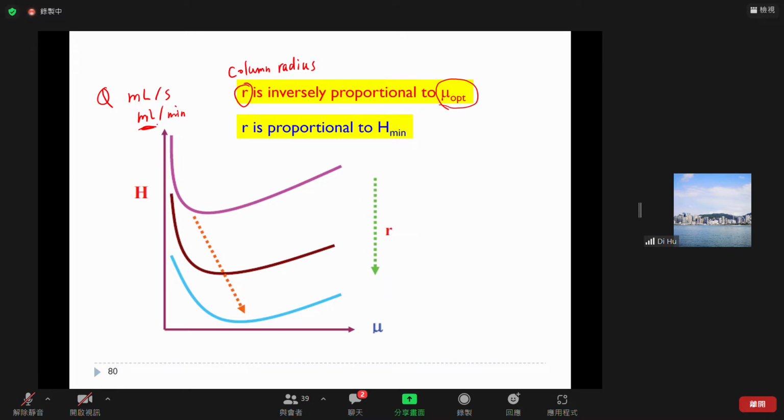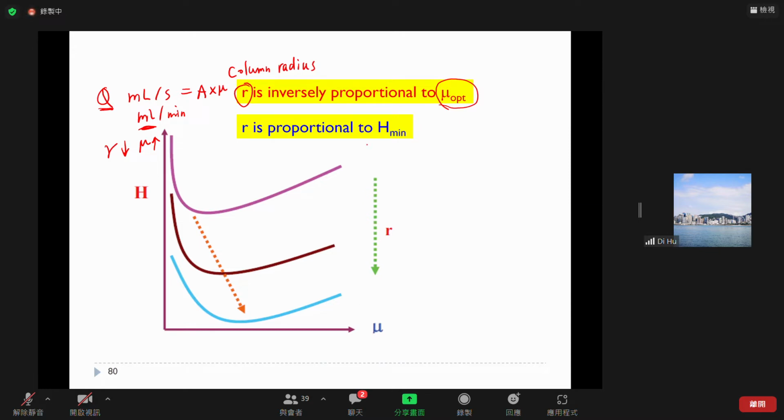When the column radius decreases, because this flow rate equals what? It equals the area of the column cross section times the linear velocity, right? So when the radius decreases, the area decreases, and so the optimized linear flow rate increases.